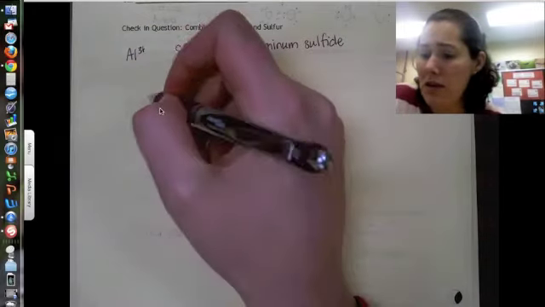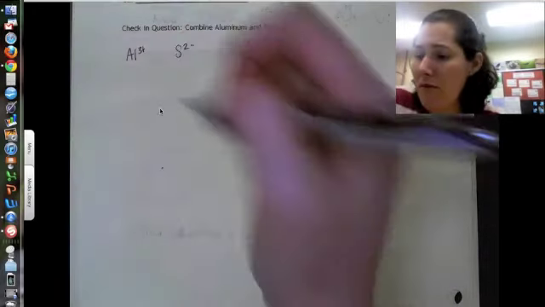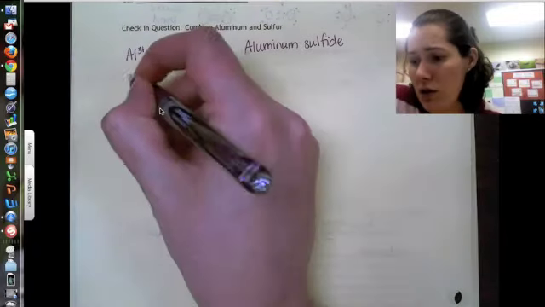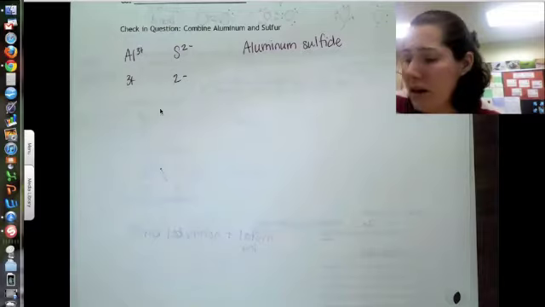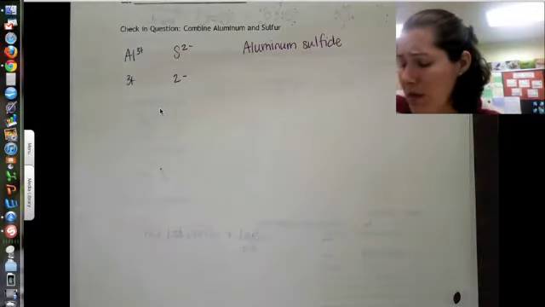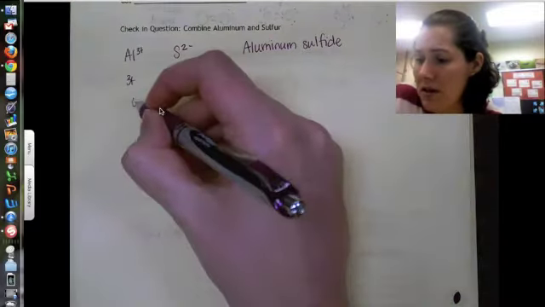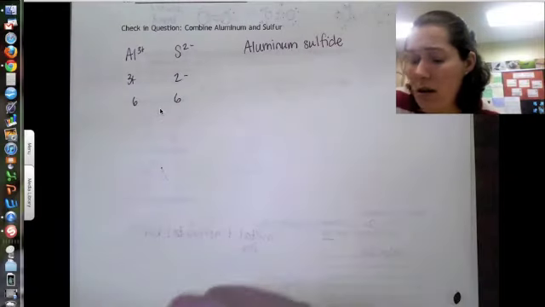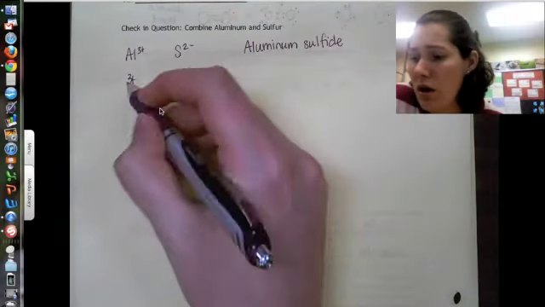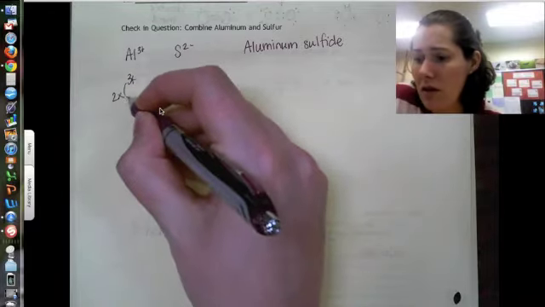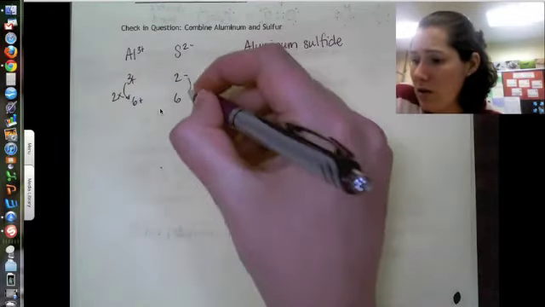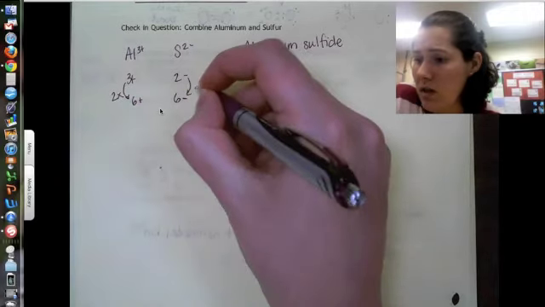This is where we need to take a look at finding the balances of charges. So 3+ and 2-. We want to find a multiple that these both go in. The easiest one is going to be 6. They both go into 6. So 3+ goes into 6 plus 2 times. 2- goes into 6- 3 times.